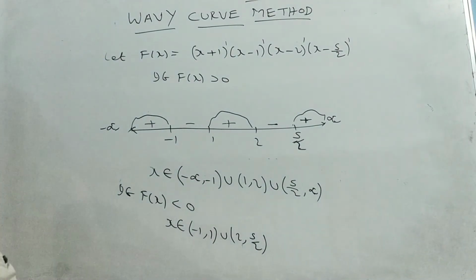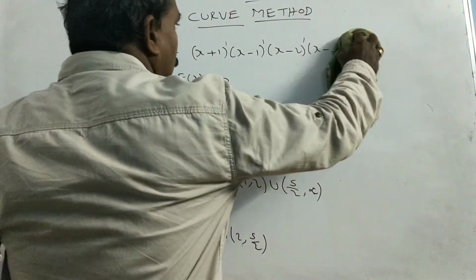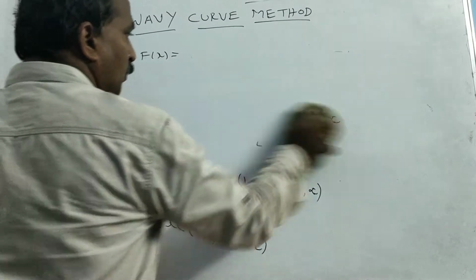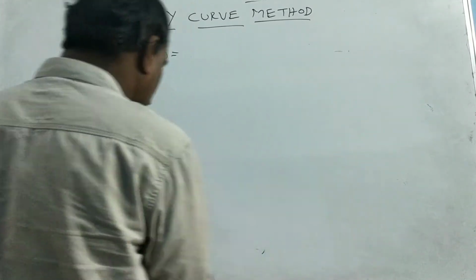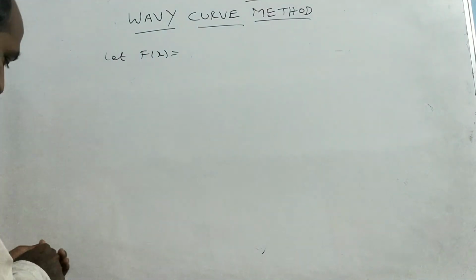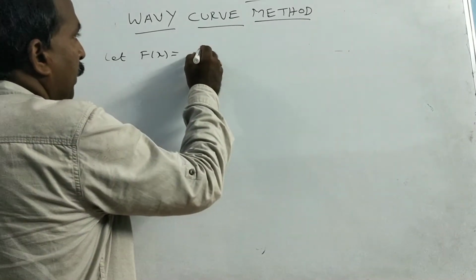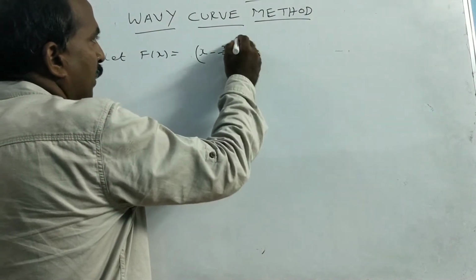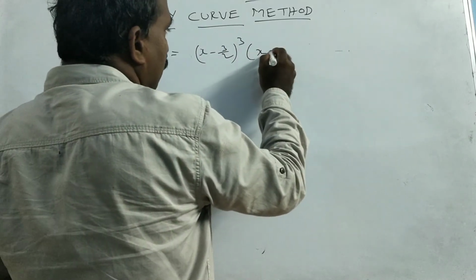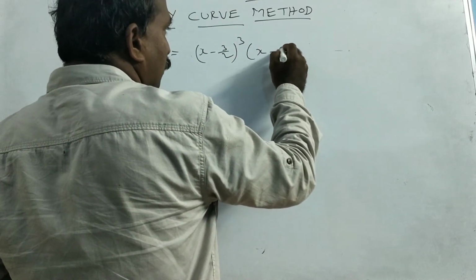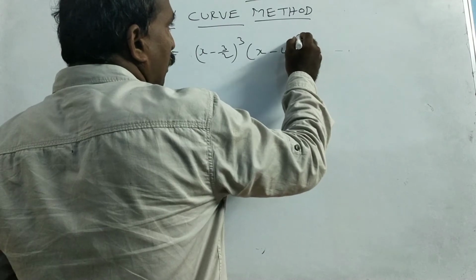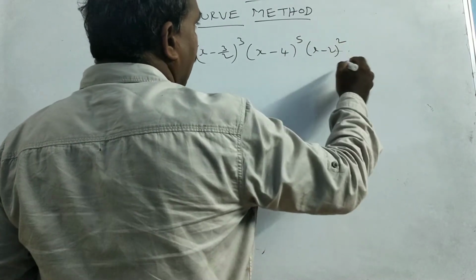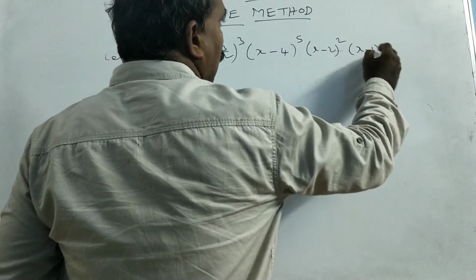Suppose f of x equal to x minus 3 by 2 whole power 3, x minus 4 whole power 5, x minus 2 whole square, x minus 1 whole power 4.